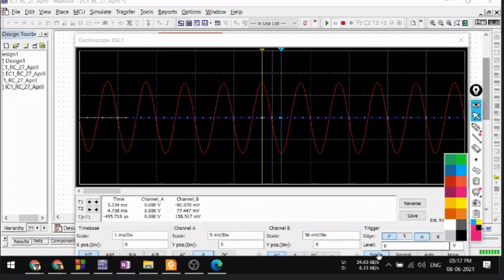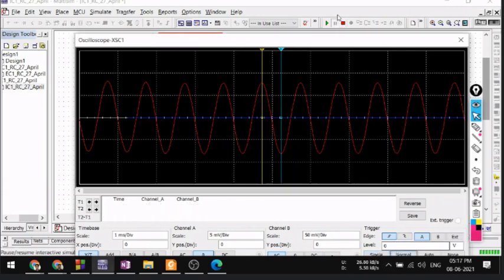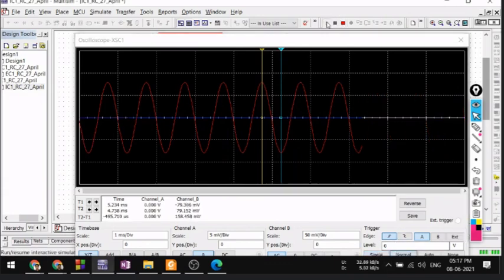Now you can see, student, that obviously gain is decreasing, because your gain is RC upon RE plus RE dash. So obviously gain will decrease, but now let us measure the positive peak, negative peak and peak to peak. For that, let me say normal, and let me say single.